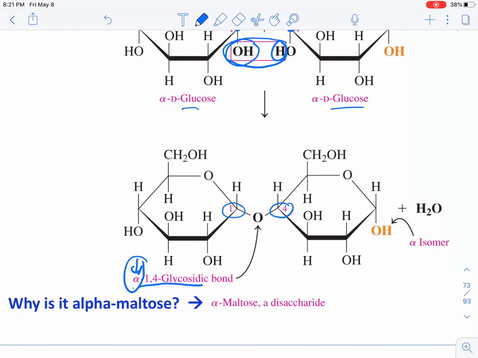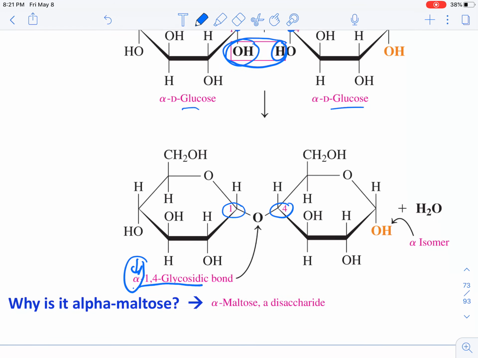We just simply say the hydrogen is coming from carbon number 4. Okay. But since this hydroxyl group is coming from an anomeric carbon, we have to communicate to the reader the stereochemistry of that specific carbon. So that's why it's called alpha 1,4.